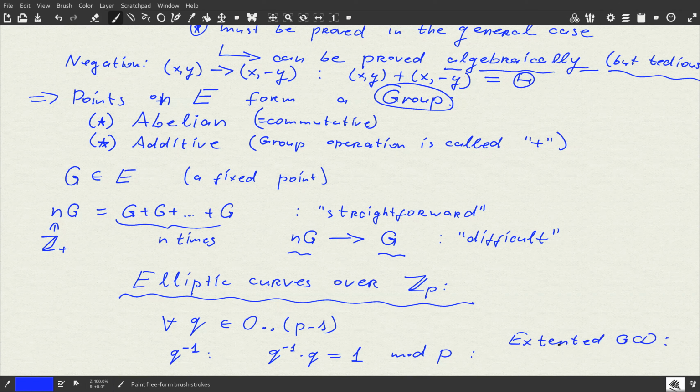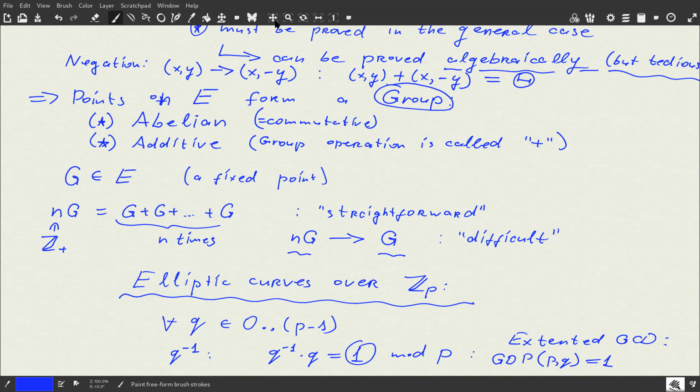because it allows us to compute this GCD of P and Q, which is of course 1 because P is prime.